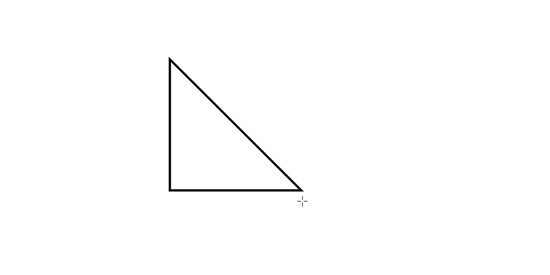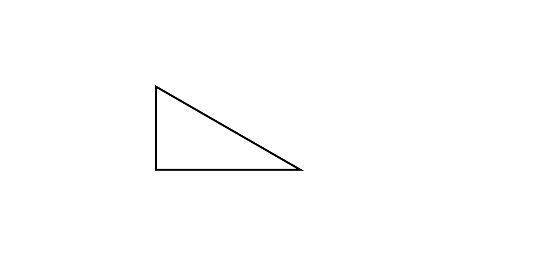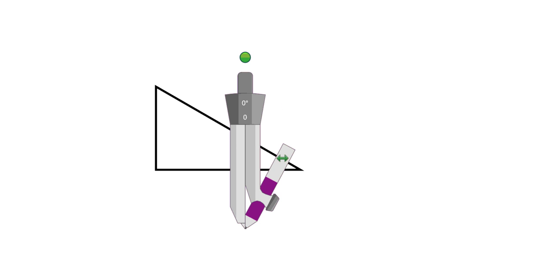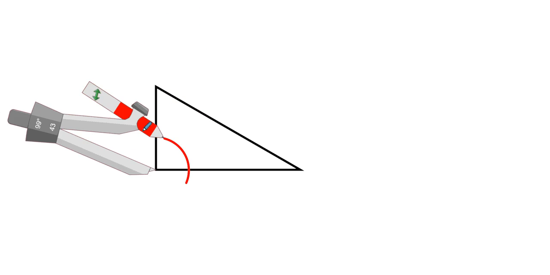Let's do it again. Let's take a random triangle. Let's make it more random. Let's make a random triangle. And let's do angle bisectors. Just so you can see what angle bisectors do, let's make them red and blue and green.